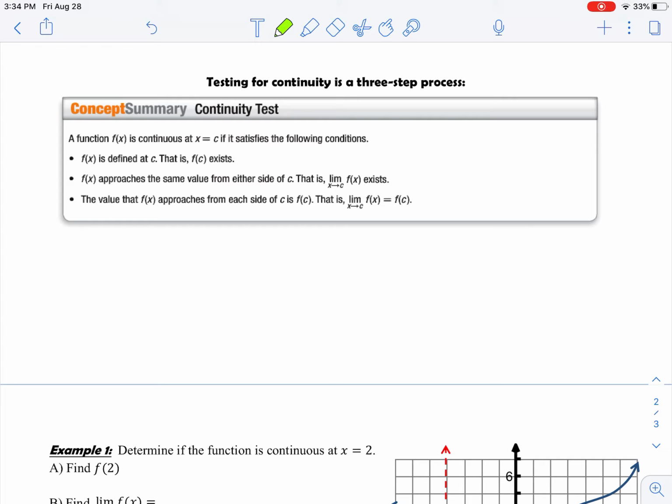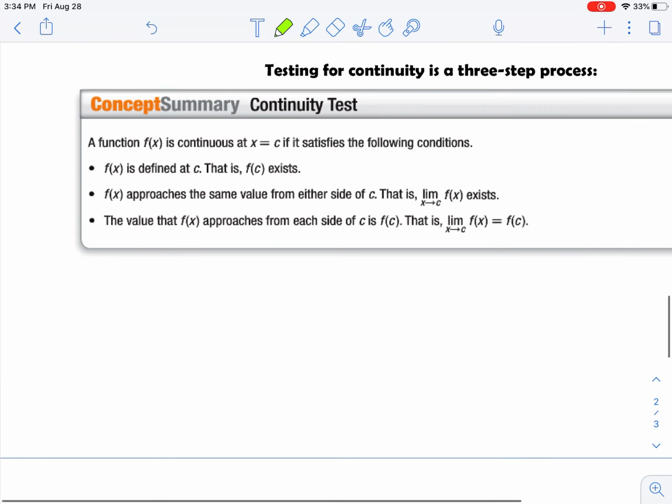The next thing that has to be true in order for it to be continuous is it approaches the same value from either side of c. If you approach c from the left and you approach c from the right, it's the same value. Because if you think about it, if it's 2 different values, the limit doesn't exist. That means that there is a jump or an asymptote there. Finally, those 2 values have to be equal to each other.